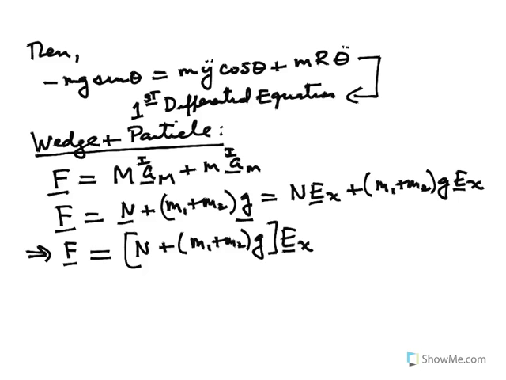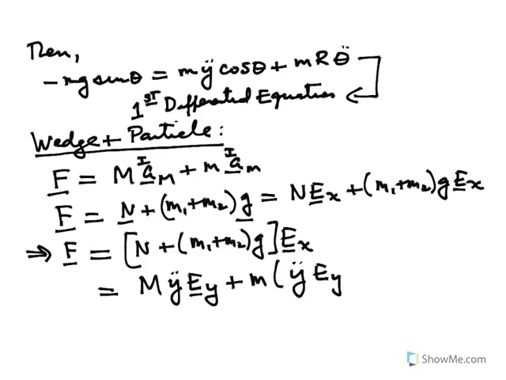And that has to equal the mass of the wedge times y double dot e_y, because that's the acceleration of the wedge, plus the mass of the particle times y double dot e_y minus r theta dot squared e_r plus r theta double dot e_theta.